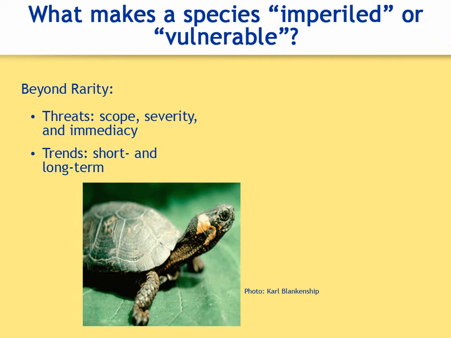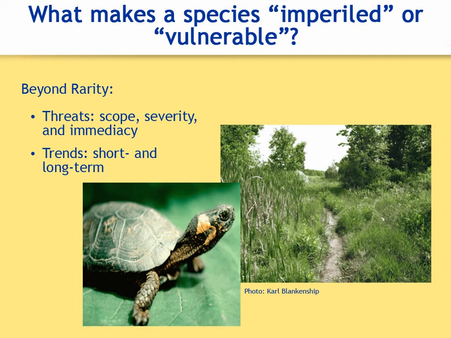The decline is due primarily to habitat loss, including degradation and fragmentation, combined with excessive and illegal collecting for the pet trade. Even if population sizes are still fairly large, as long as collection and habitat loss continue, this species will be considered to be imperiled or vulnerable.